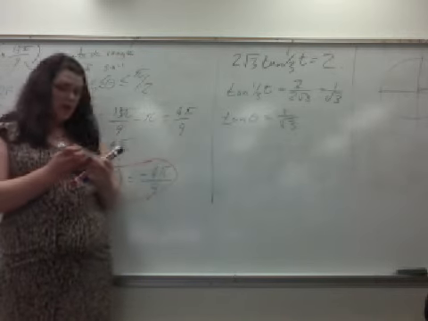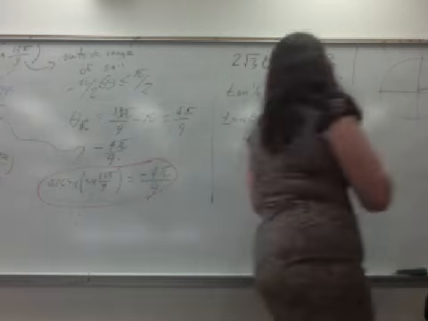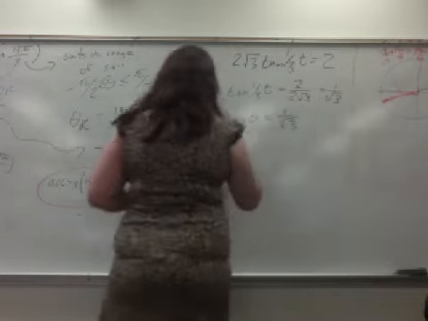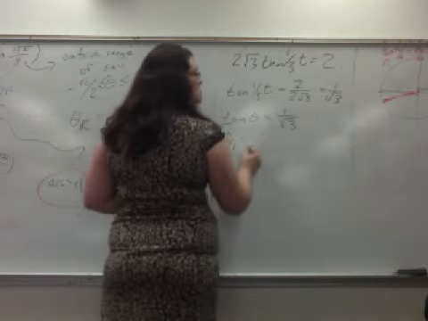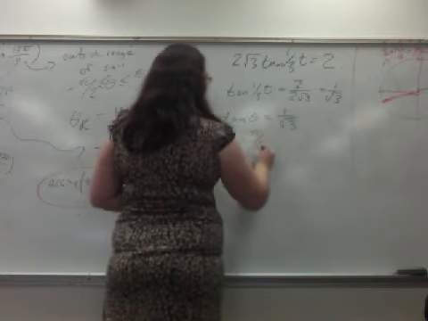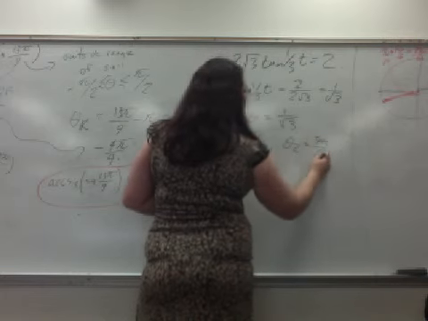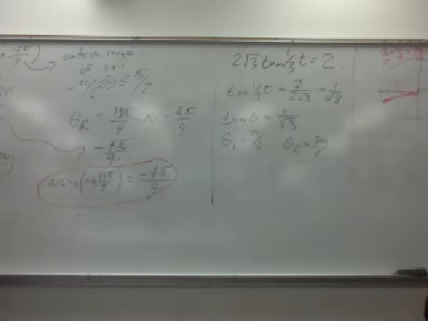There is another angle which has the same tangent. It's going to be this one down here. This one is opposite pi over 6. This angle is pi plus pi over 6, which turns out to be 7 pi over 6. So one possible answer is pi over 6. The other possible answer is 7 pi over 6.